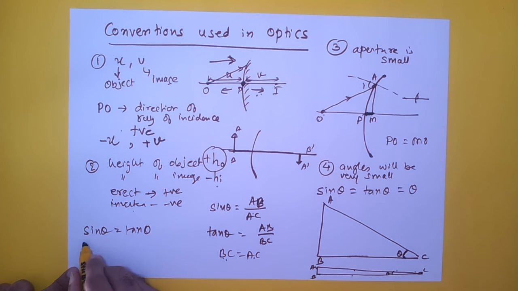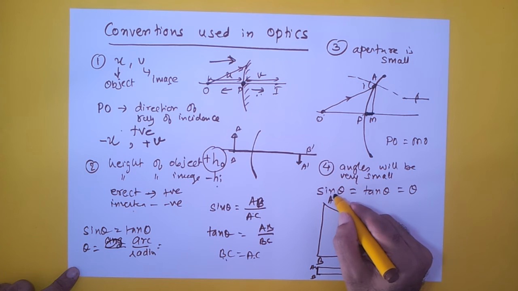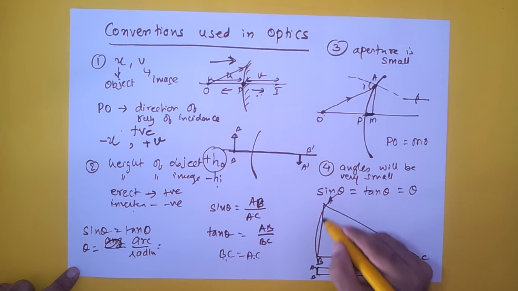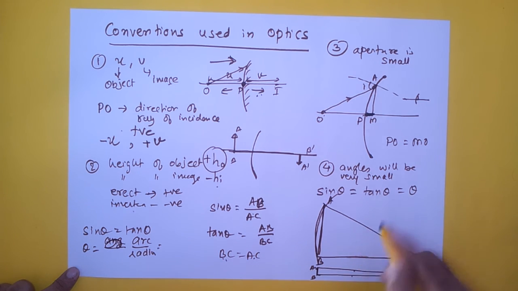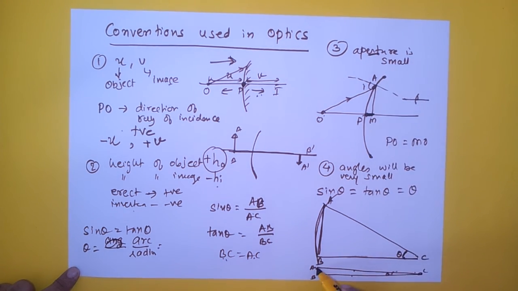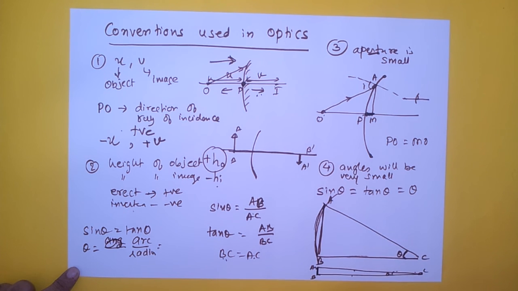Finally, as far as the angle theta is concerned, we know angle is equal to arc length upon radius. Now, the arc length will be something like this, isn't it? This arc length and this length will be equal because we are assuming aperture to be small. So arc length will be equal to AB.